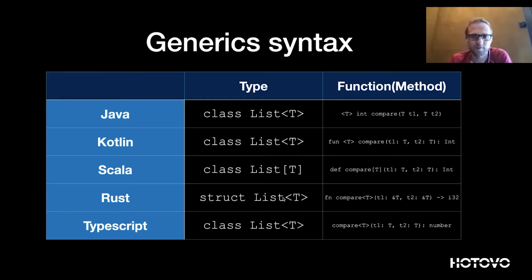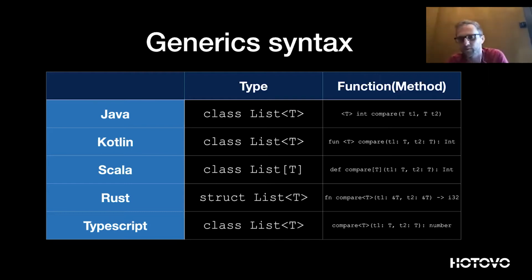And Rust uses angle brackets, but it doesn't have classes, it has structs anyway. So once you're familiar with generics in one language, in terms of class declaration, it's mostly the same in the rest.